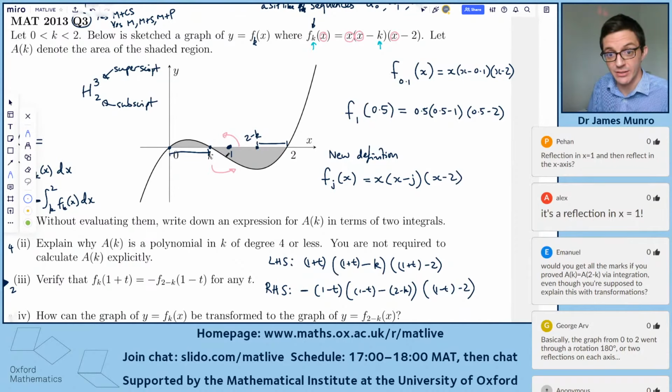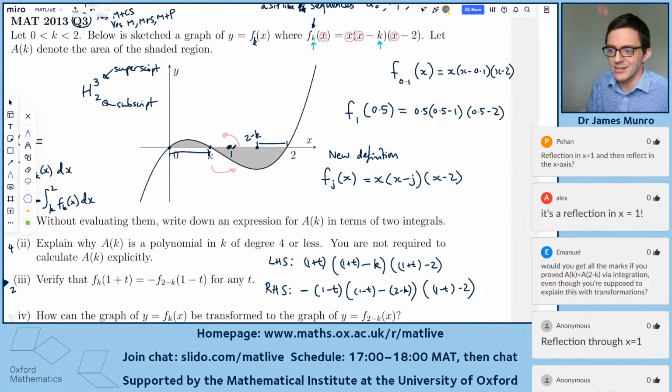So the only real fact that we're using is that if you've got a cubic that's got roots at 0, 2 and somewhere in between, then if you rotate the cubic 180 degrees, you get a cubic that's got roots at 0 and 2, because those rotated around to get to 0 and 2, and it's got a root at 2 minus k now. When you do that rotation, you get a very similar picture, and the area is the same. So that's why we get a nice fact out of this, that a of k is equal to a of 2 minus k.